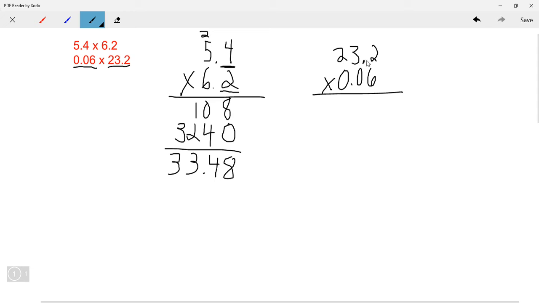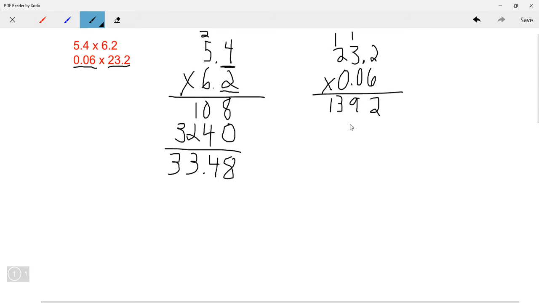So I do 6 times 2 is 12. I carry the 1. 6 times 3 is 18, plus 1 is 19. 6 times 2 is 12, plus 1 is 13.